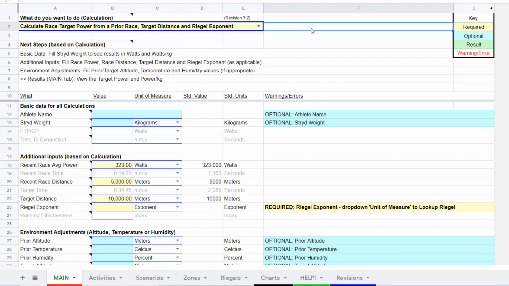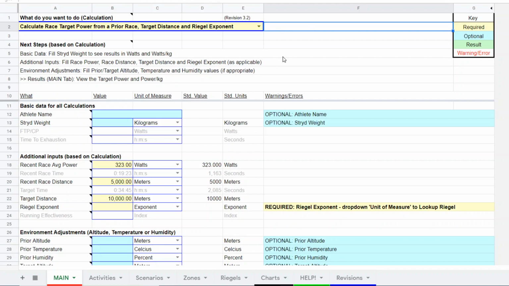But there's simpler ways, and that's what I want to get at today. You don't have to necessarily know your running effectiveness, since that's a measure that's not reported in Power Center. Many people don't know what their running effectiveness is for 10,000 meters, or on this hilly course versus this flat course. So we eliminate that part. It simplifies things a little bit. It may take some of the precision out of the estimate, but still it's very close.